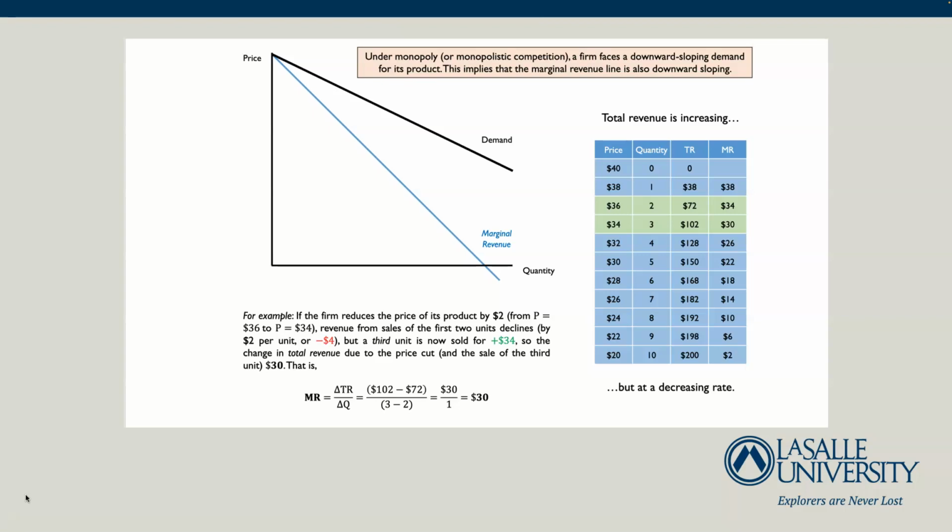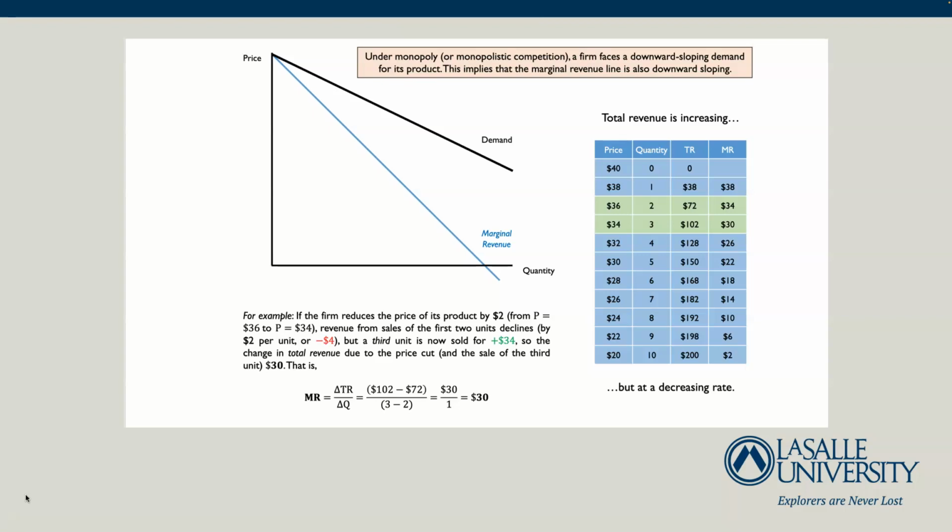So that's why the demand curve is basically telling us the average revenue, or essentially the prices being charged for this drug. And the downward sloping marginal revenue line is steeper than the original demand curve because of this relationship between total revenue and marginal revenue, and why a price cut tends to lead to an increase in revenue up to a point.